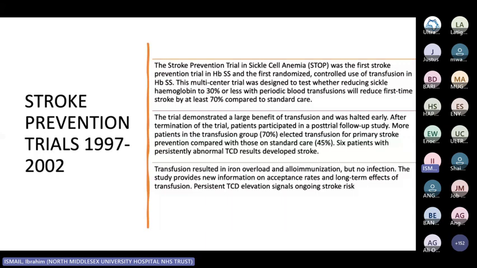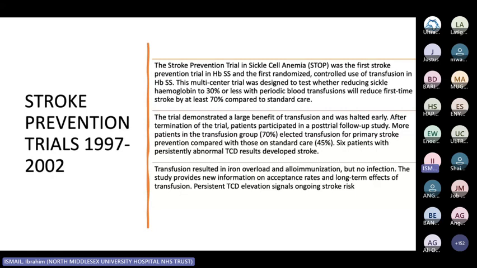This was a multi-centered trial, designed to test whether reducing hemoglobin S to 30% or less with periodic blood transfusion would reduce first-time stroke by at least 70% compared to standard care. So they just wanted to reduce the hemoglobin S, replace it via blood transfusion, and see if that would decrease the occurrence of stroke in many of the patients.